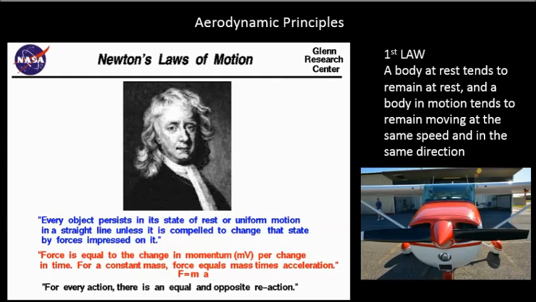Okay, because if you look at it in blue, every object persists in a state of rest or uniform motion in a straight line unless it's compelled to change that state by forces impressed upon it. I just thought that was a little bit rough if you don't study physics. So for our purposes, a body at rest tends to remain at rest, and a body in motion tends to remain moving at the same speed and in the same direction.